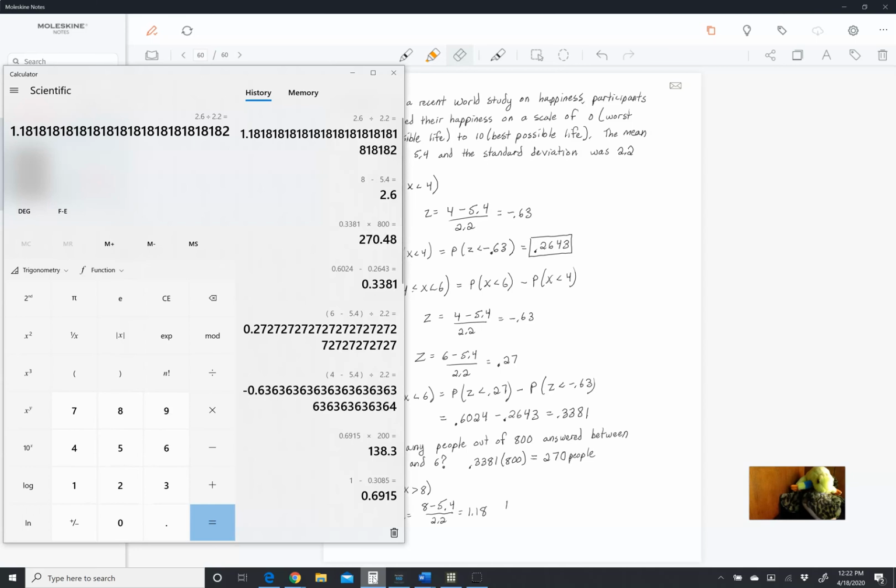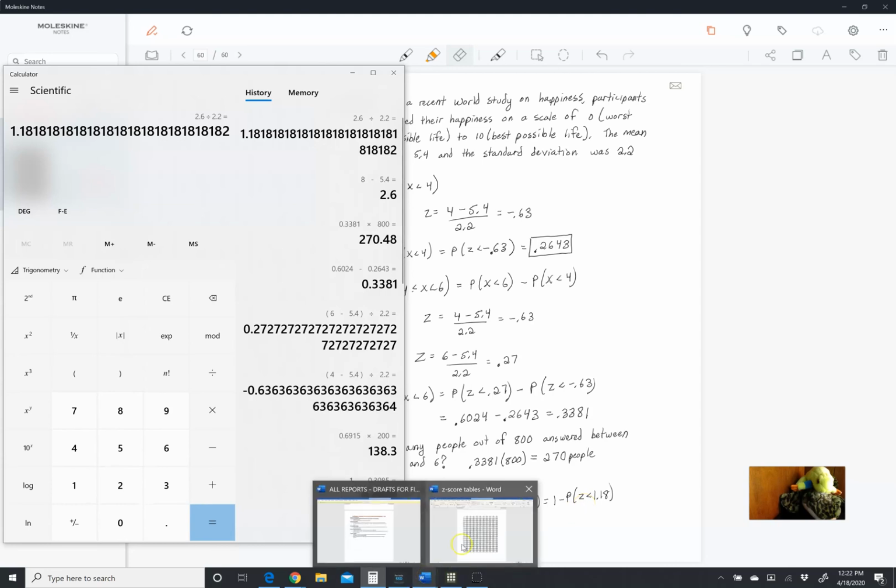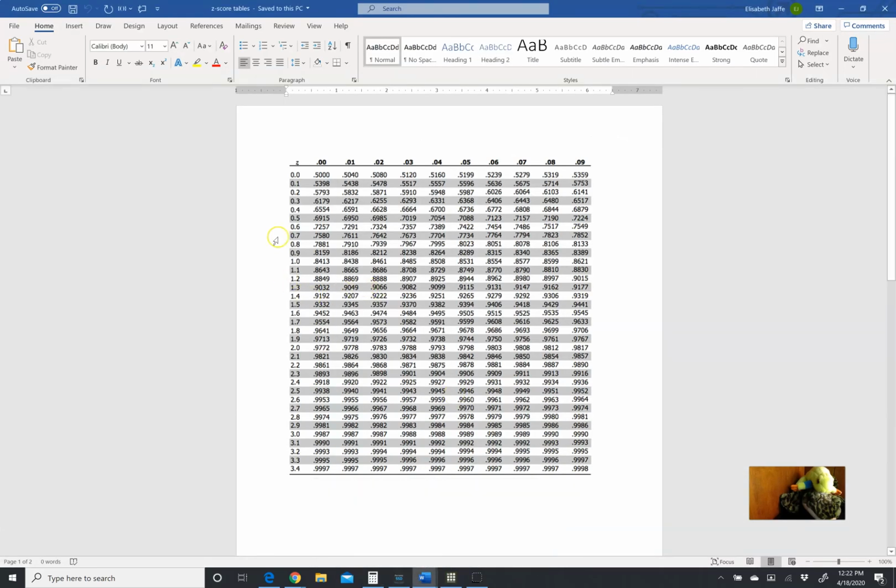So this is telling us the probability that x is greater than 8 is 1 minus the probability that z is less than 1.18. Okay, we have to do the 1 minus, right? Because this is only z is less than. So we go to 1.18. Here's 1.1.